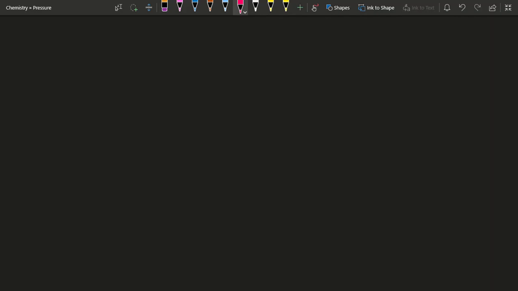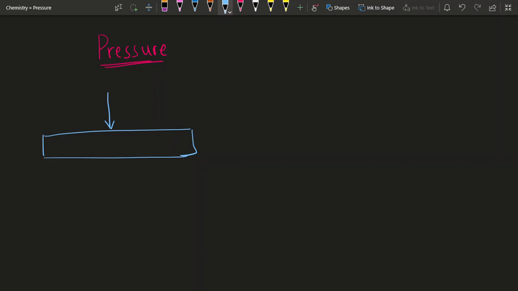Let's talk about pressure. Pressure is the amount of strain or stress that is put on a system. Let's take a few examples of how you can observe pressure in real life. Say you have a sheet made of steel or any type of metal, and you put some force on it using your hand or thumb.